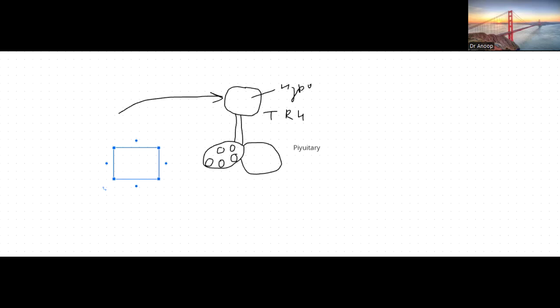So there are different types of cells in the anterior pituitary. The posterior pituitary contains oxytocin and vasopressin. We talk about the anterior pituitary first.